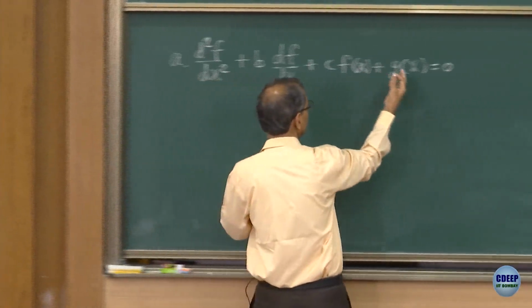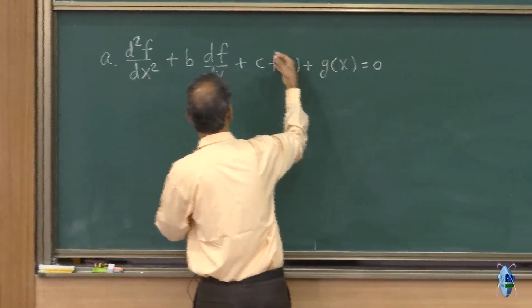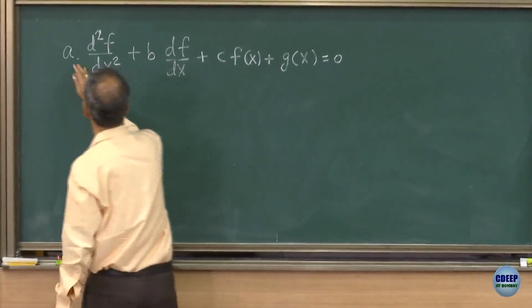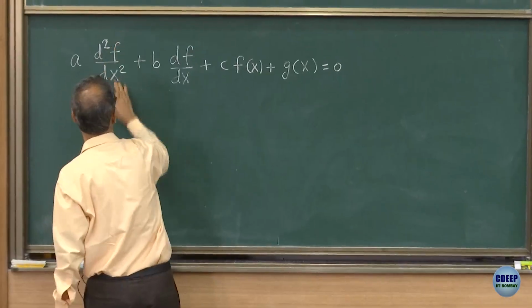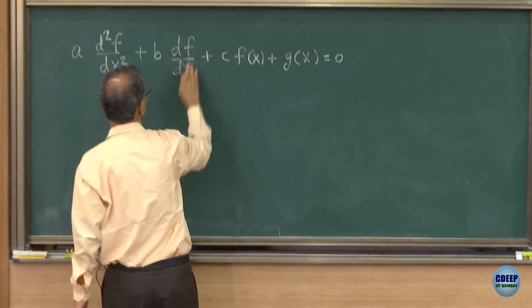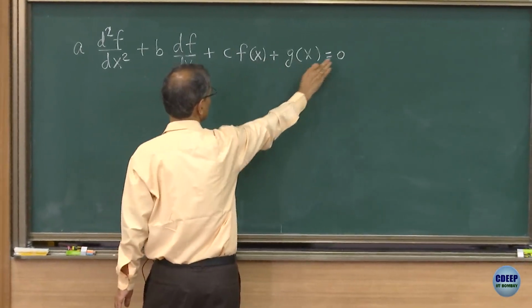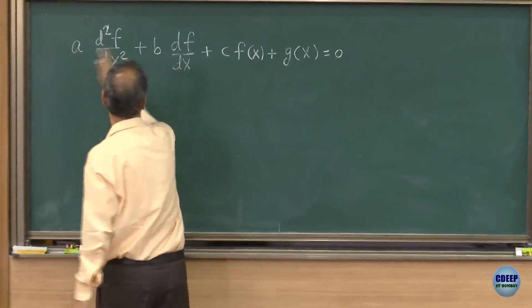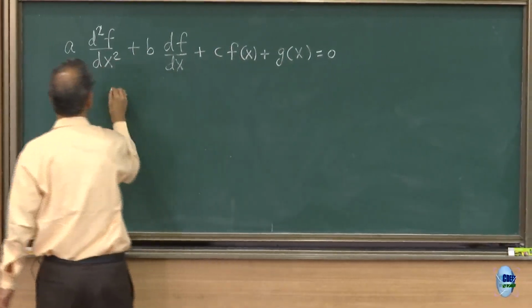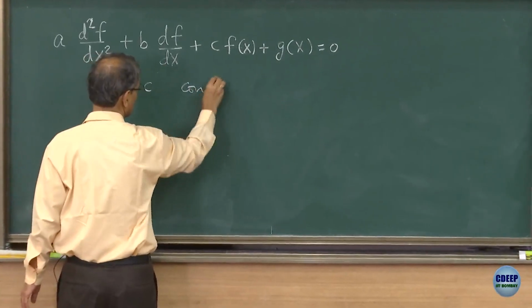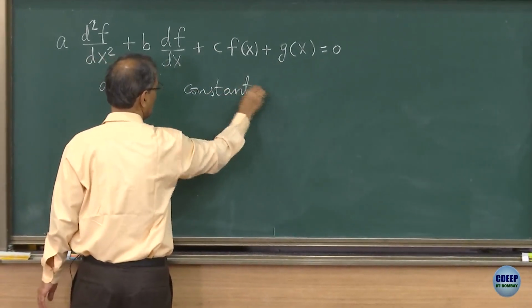That is causing a response which is governed by this second order differential equation given as A times d squared f by dx squared plus B times df by dx plus C times f of x plus g of x is 0. A, B, C are some constants. Okay.